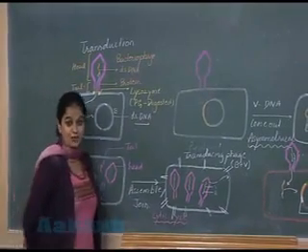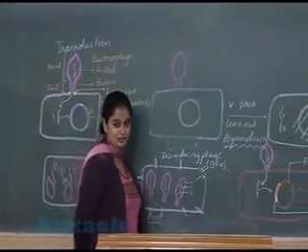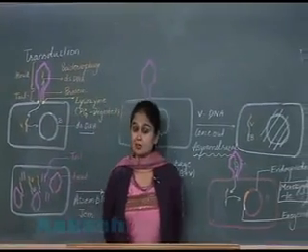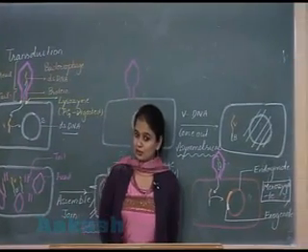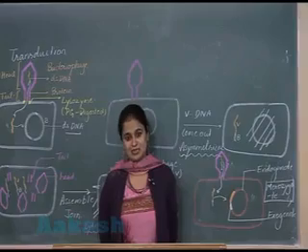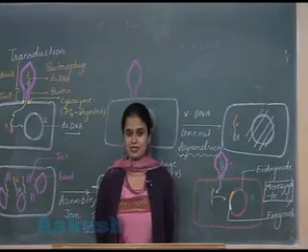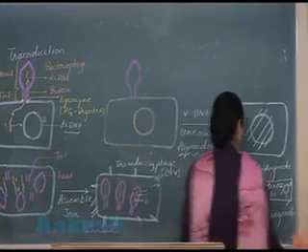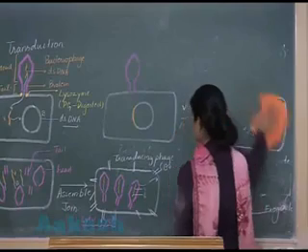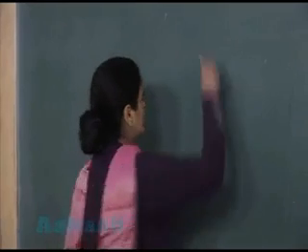So this is all about the sexual reproduction. Now I will be starting with the different bacterial groups. First of all, I will be dealing with the cyanobacteria. Now I will be starting with the bacterial group, that is cyanobacteria.